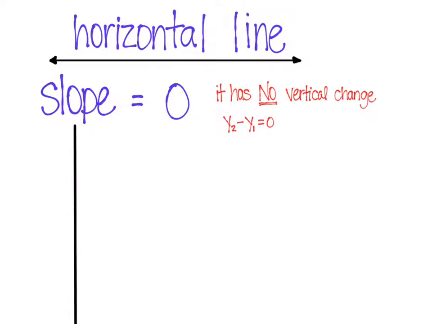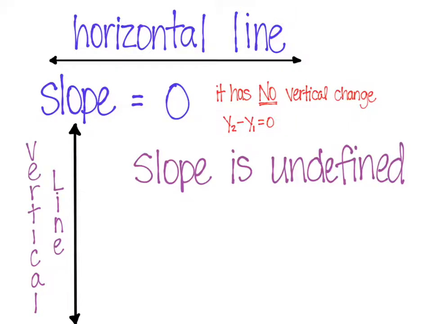If we look at this line here, this is a vertical line, and a vertical line has an undefined slope. And this concept of undefined, what does this mean? Well, if you imagine that you were actually skiing down a slope, the steepness of a hill, and this is what your slope looked like, straight up and down, you're not going to be able to ski down that.